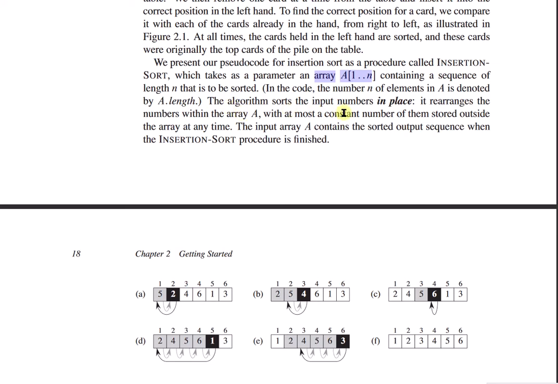The algorithm sorts the input numbers in place. This must be important. They have put it in bold text style. It rearranges the numbers within the array with at most a constant number of them stored outside the array at any time.